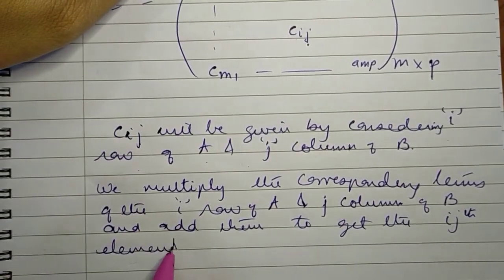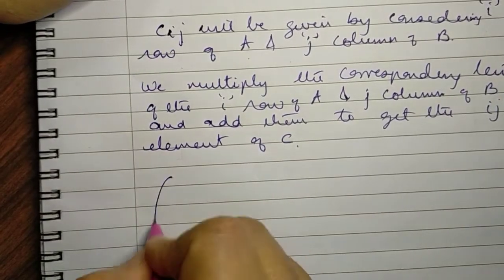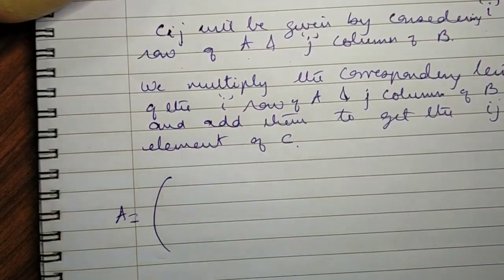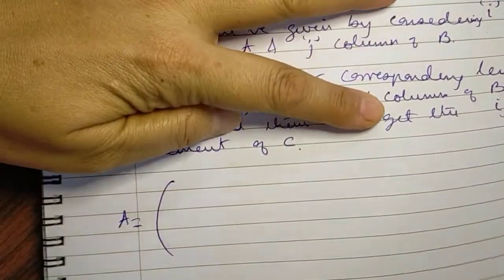Now let's quickly take some examples. Suppose A is equal to a simple 2 by 2 matrix.